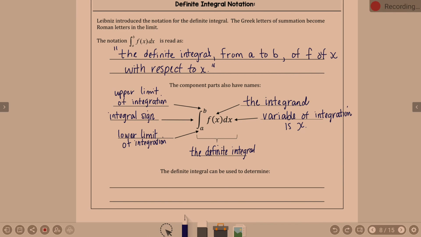Okay. Definite integral can be used to determine, what are we determining here? The area.